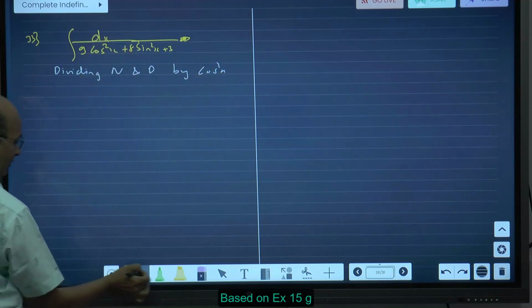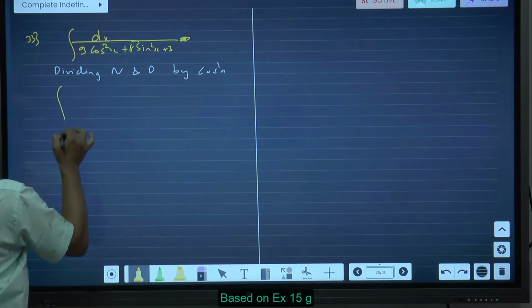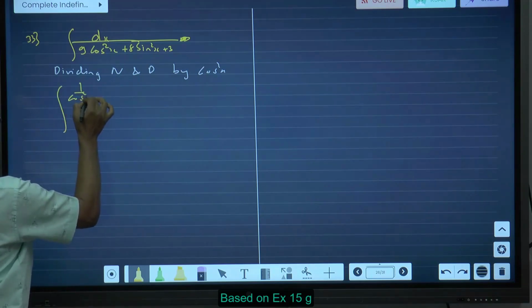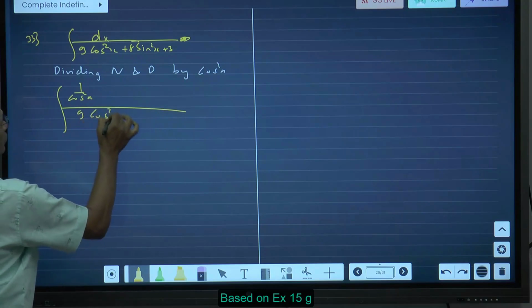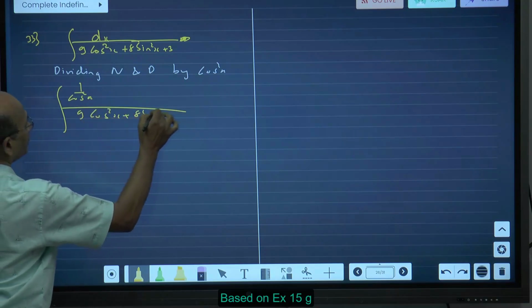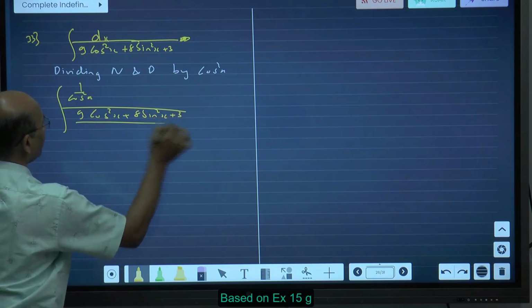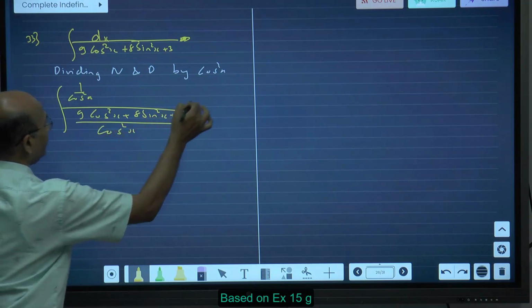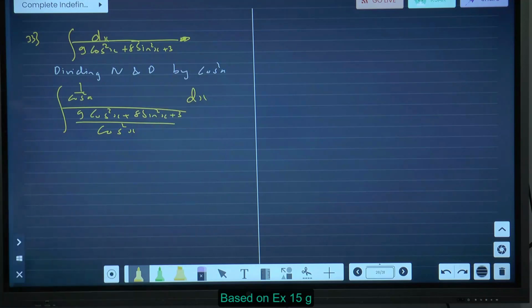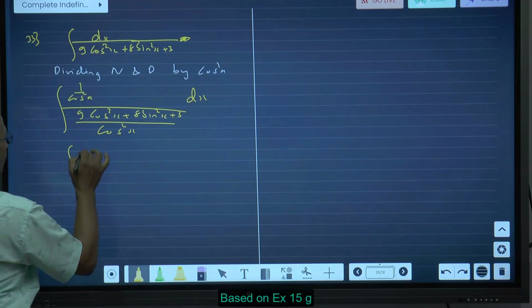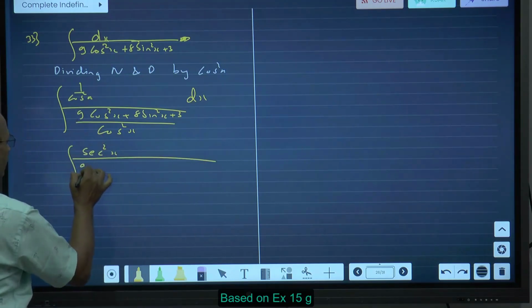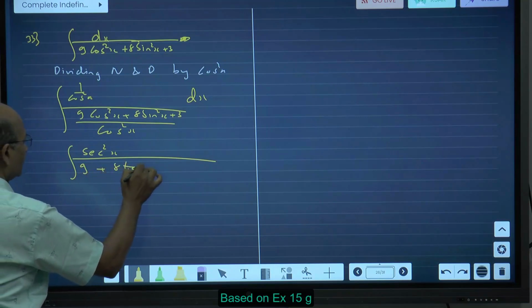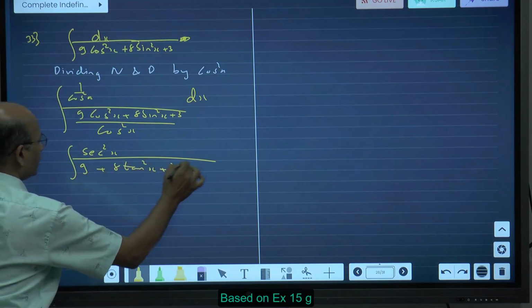So what happens now? This is 1 upon cos square x upon 9 cos square x plus 8 sin square x plus 3 upon cos square x. You do this only when you have squares of trigonometric ratios. So 1 upon cos square becomes sec square x, simple it is, over 9 plus 8 tan square x plus 3 sec square x.